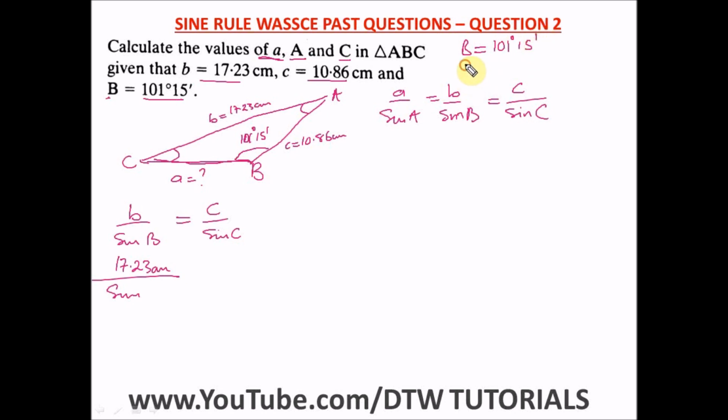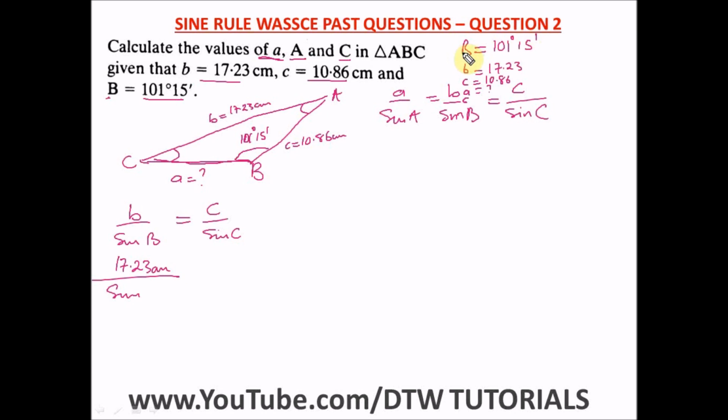If you're given small letter b, you also state it before you start working. Then if you're given c, you also state it. The others you're not given, so you just write a question mark. You're not given capital letter C. Make sure you state it if this question comes out in your WAEC.